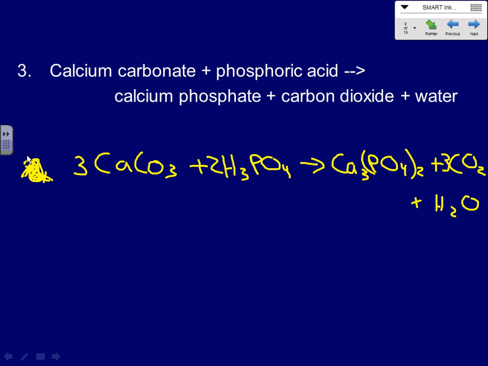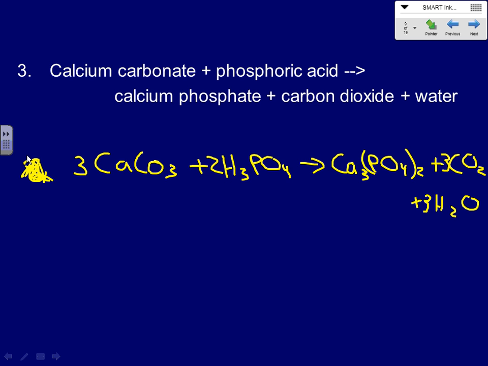Yep. In the water. Has to end up in the water. How many carbonates fell apart? 3. So how many oxygen atoms should be left to make water? 3. So how many waters should we be able to make? 3.